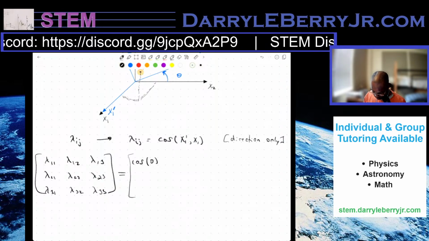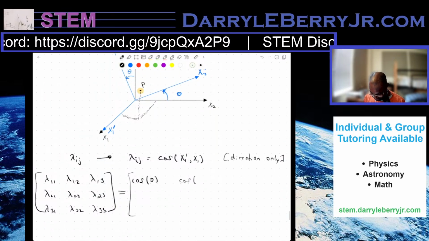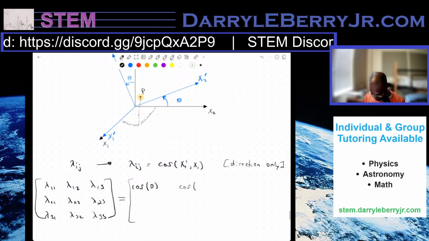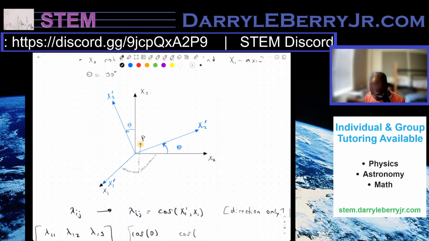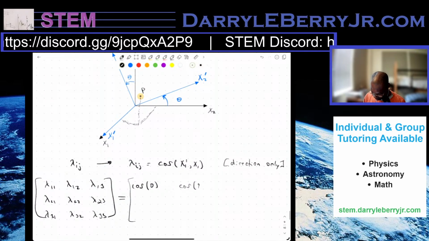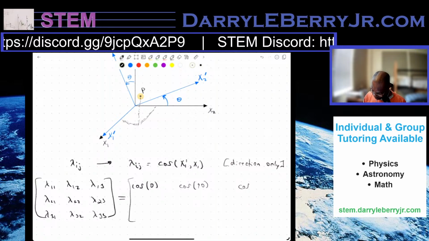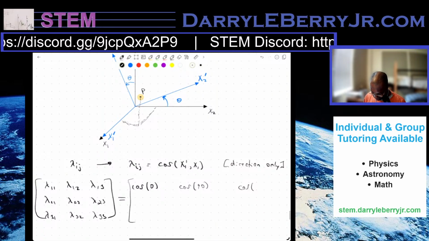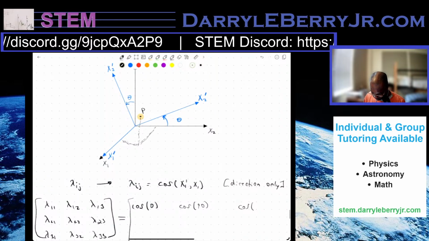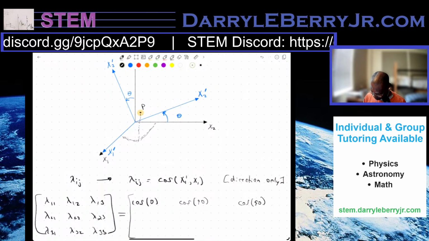Cosine of the angle between x1 prime and x2, that's 90 degrees. Cosine angle between x1 prime and x3 is still 90.